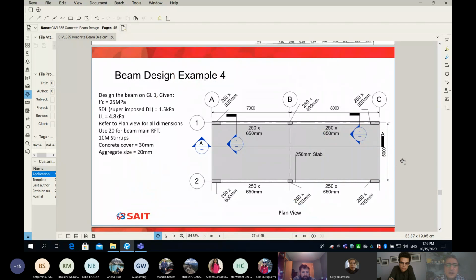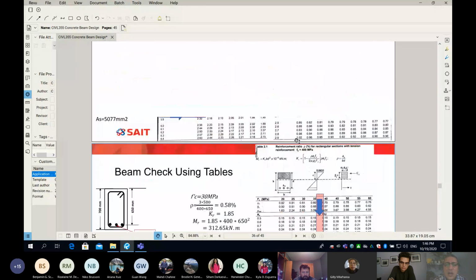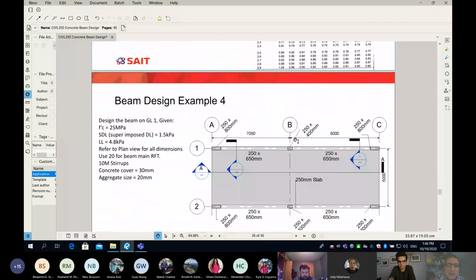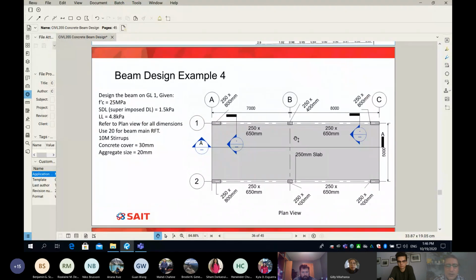In number 4, there is no moment given to you. What is given to you is a floor plan. You have dimensions and the thickness of the slab, and from there you will do everything until you design your beam. But from a teacher's perspective, I cannot do that right away. I have to take you gradually to learn and learn and learn, and this will be my final example in this class.